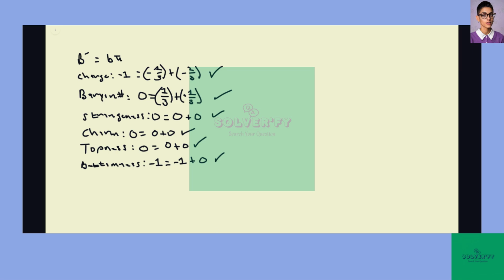Now, for part B, it wants us to work out the quark combinations for the different B mesons. So first, we're looking at the B plus meson. The B plus meson is just the antiparticle of the B minus meson. So that means that the quark combination is just going to be the opposite of the B minus.